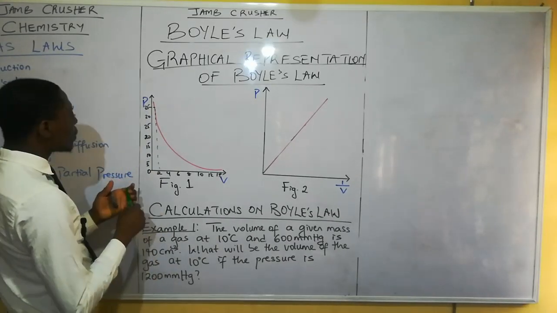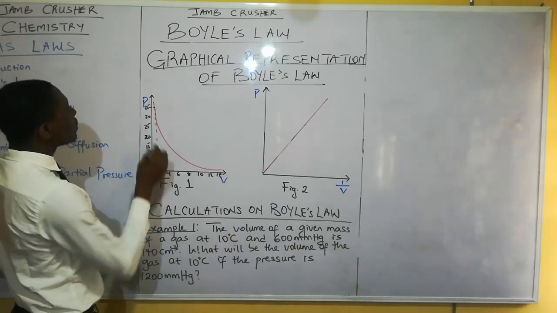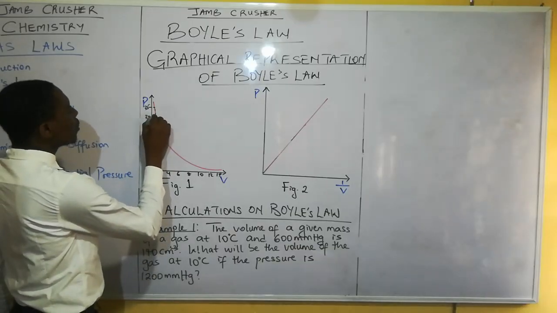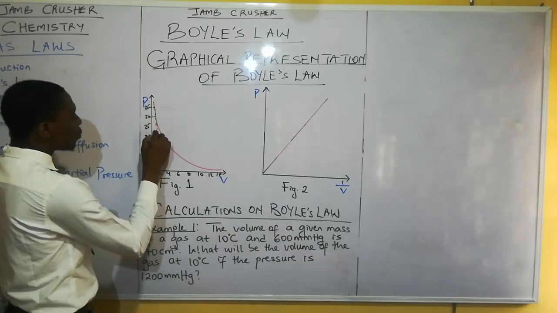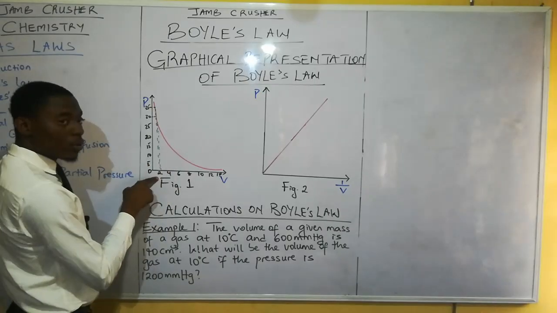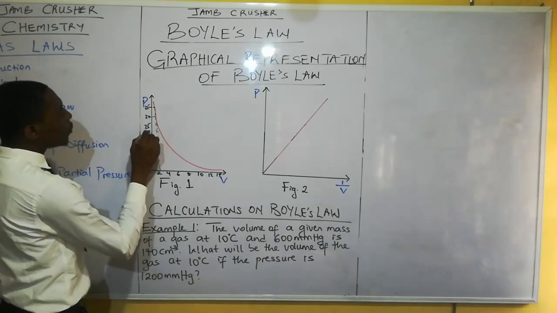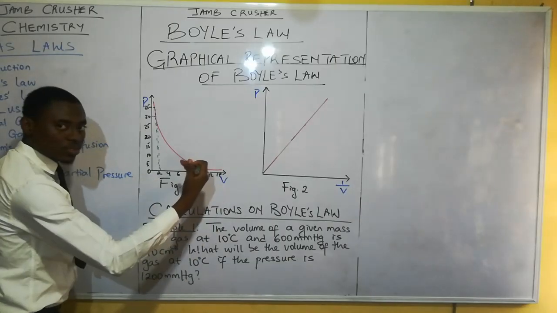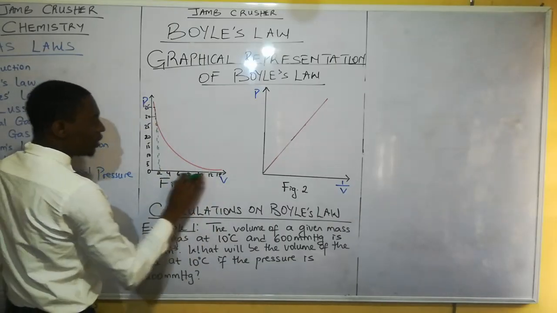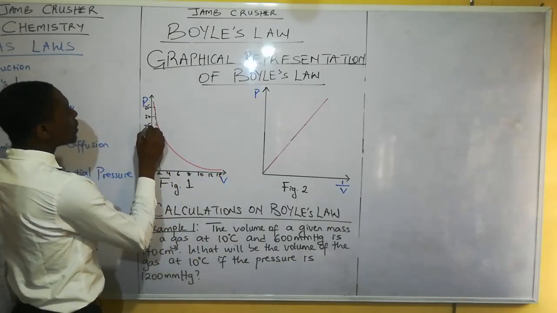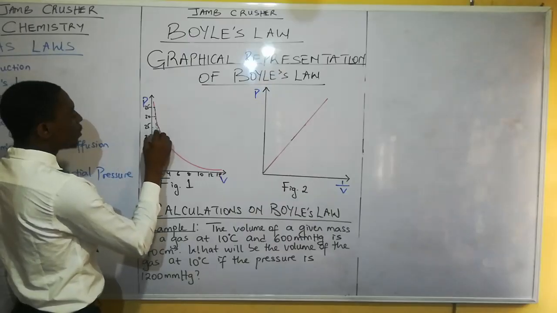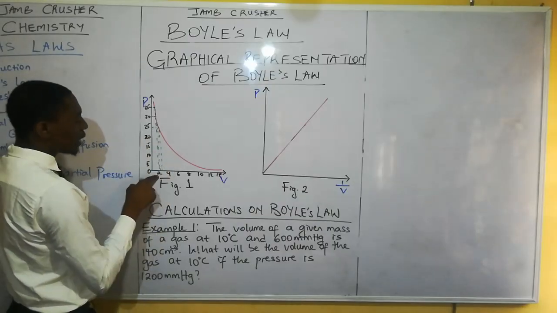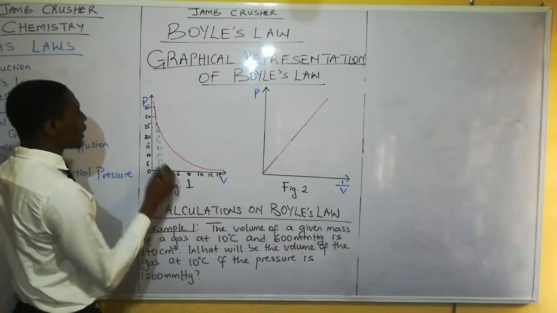Okay, what about if we decrease the pressure to 30? What do we have there? If you trace it downwards, it is still somewhat at 2 centimeter cube. Then if you keep decreasing, you'll notice that as you are decreasing the pressure, the volume is increasing. So if you keep decreasing like that, at 25 mmHg, then your volume is somewhat higher than 2, not exactly on 2.